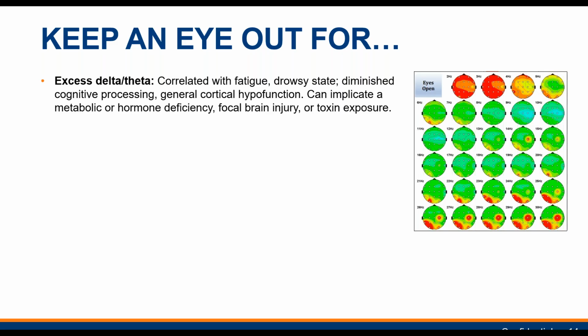In this case, usually when it's paired with neuroinflammation, it can indicate a metabolic or a hormone deficiency, and can also indicate a focal brain injury or toxin exposure. So you have to do a little bit of investigative work in order to figure out exactly what's causing that excess delta theta. But it is common to see your neuroinflammation pattern in beta paired with some excess of your slow wave as well.